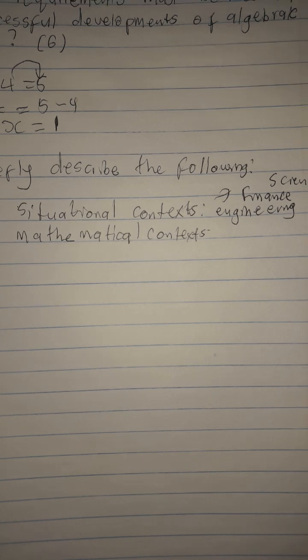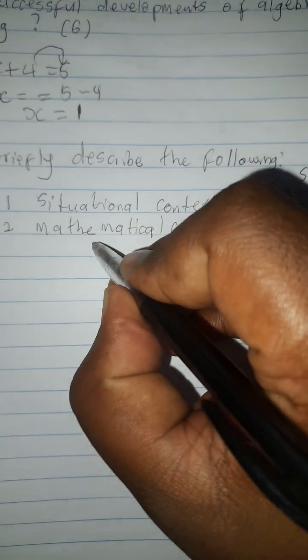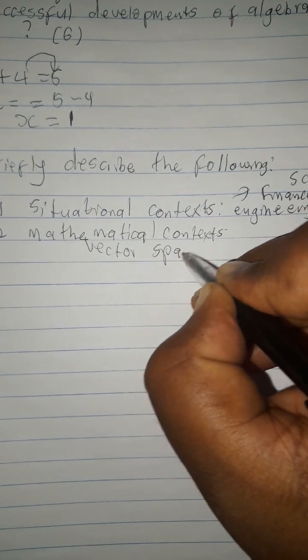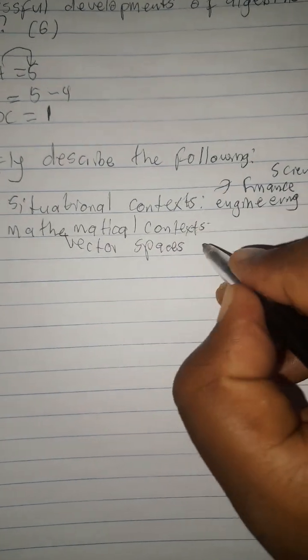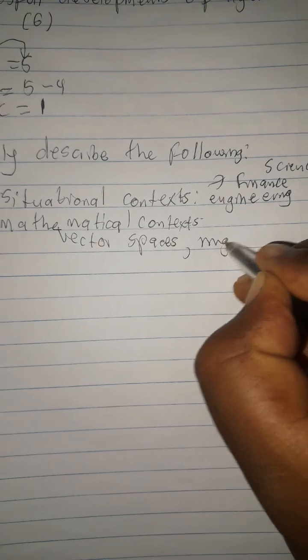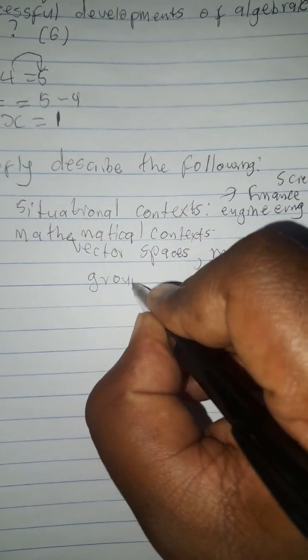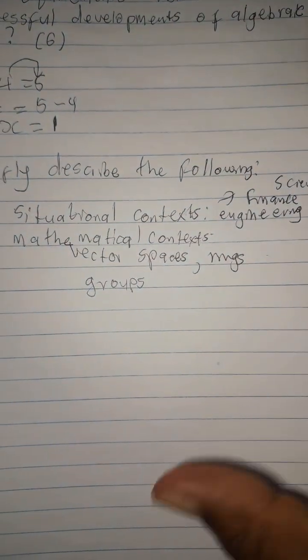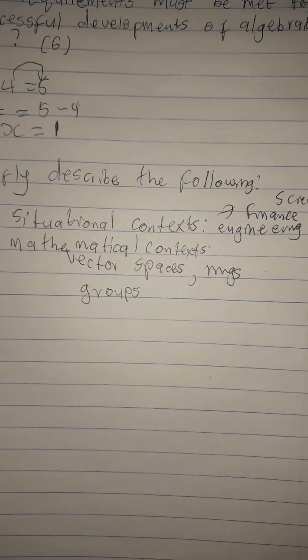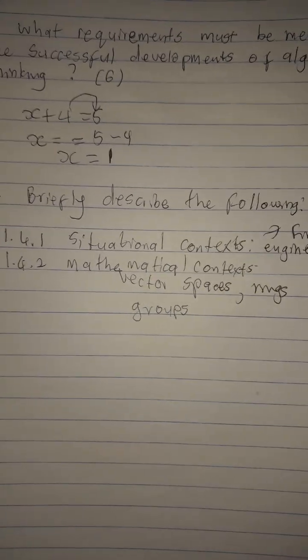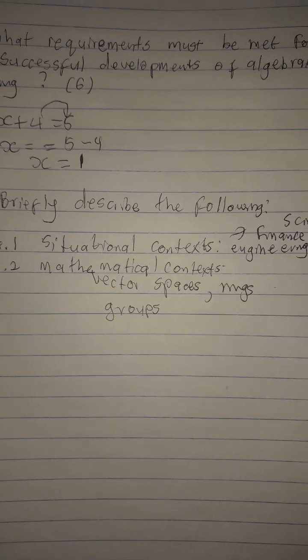So we have vector spaces, rings, and groups. This requires mathematical reasoning and problem solving, so you must be critical to work with mathematical context.